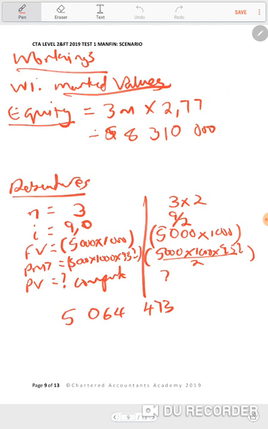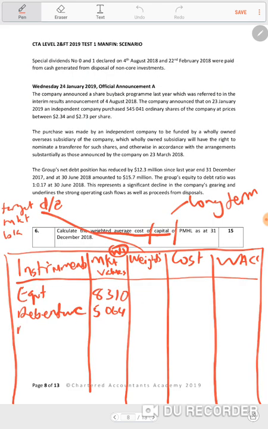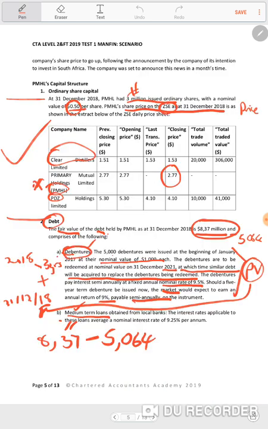So what we do with this, we go with it on our medium term loan, which is 3305. And do we have another source of finance? We don't know yet.